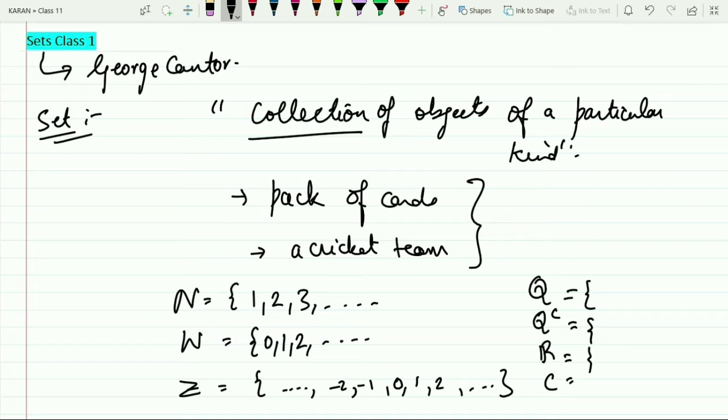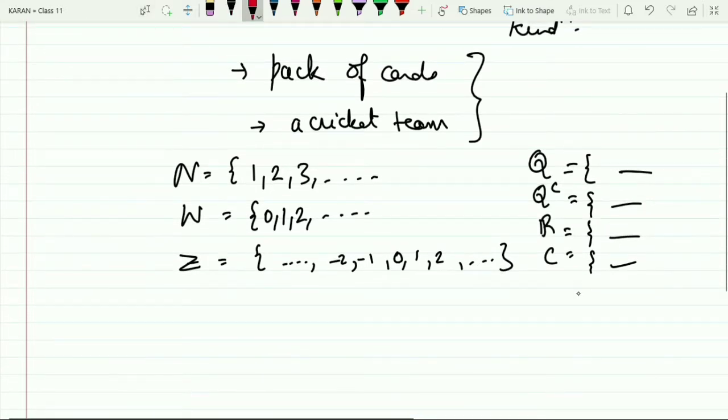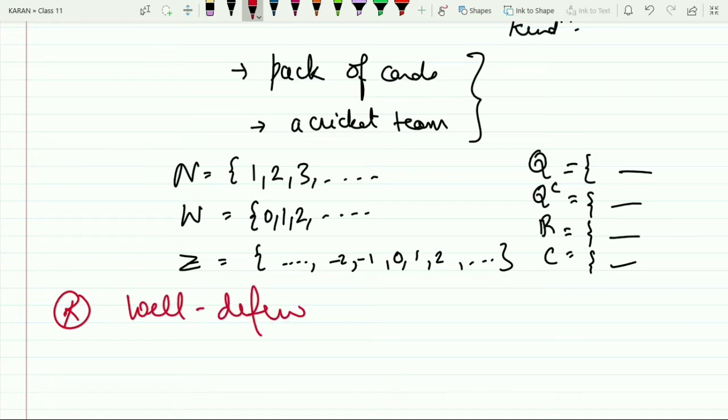But one thing we need to observe in these collections is that they are well defined. What do I mean by well defined? This is a very important word as far as the definition of sets is concerned, because when we say that something is well defined, we mean that we can tell whether a particular object belongs to the given collection or not.